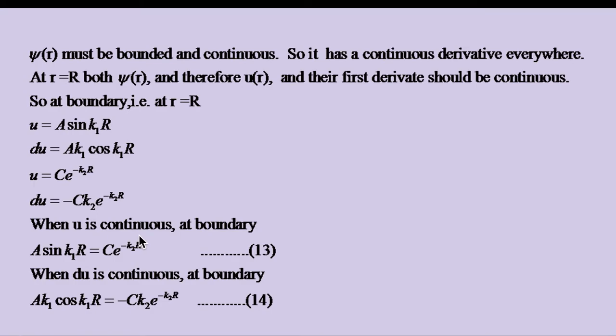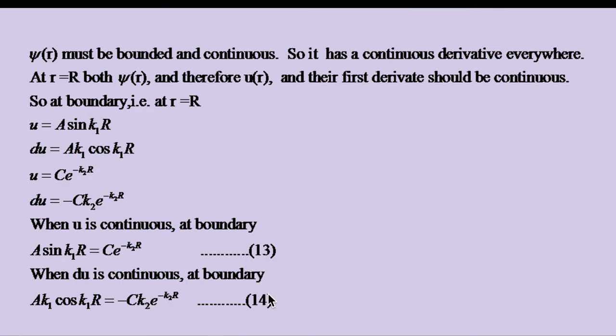When u is continuous at the boundary, you can write A sin k1 R equal to C e raised to minus k2 R, that you are marking as 13. And when du is continuous, this A k1 cos k1 R must be equal to minus C k2 e raised to minus k2 R, as equation 14.